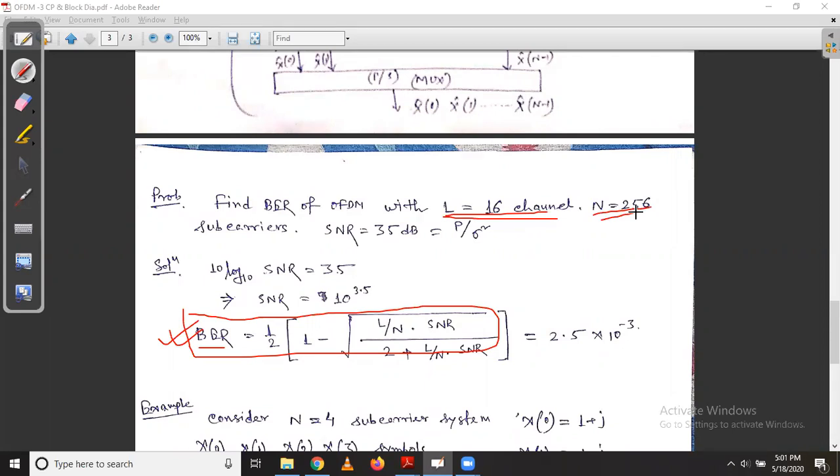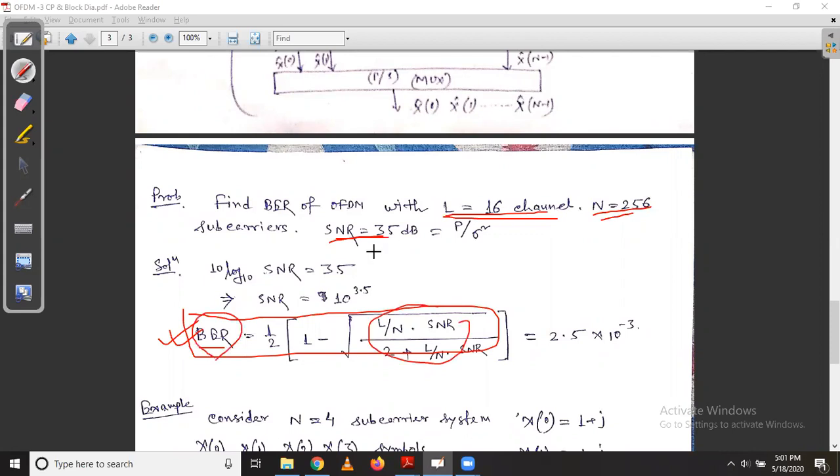N is 256 subcarriers or symbols you are transmitting through the channel, capital L equals 16, and you put all these values in, and its SNR value will also be given. You put all the values here and you will get the bit error rate.